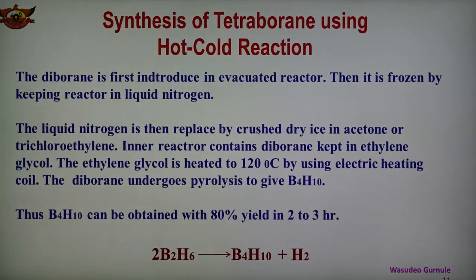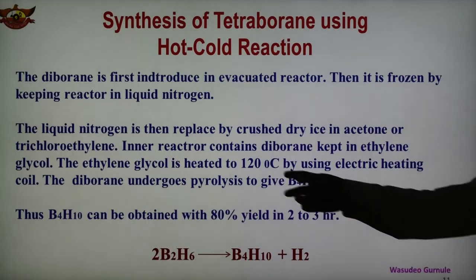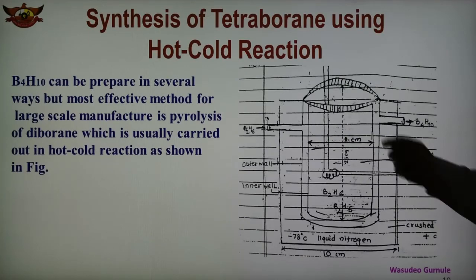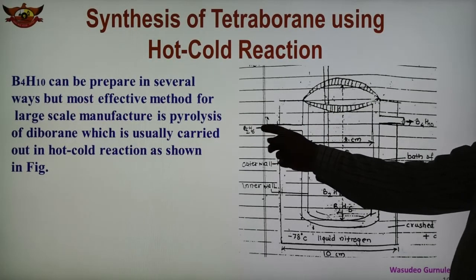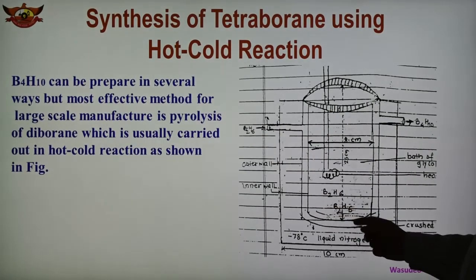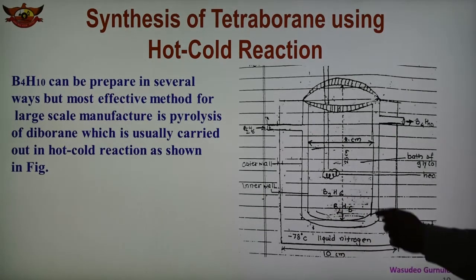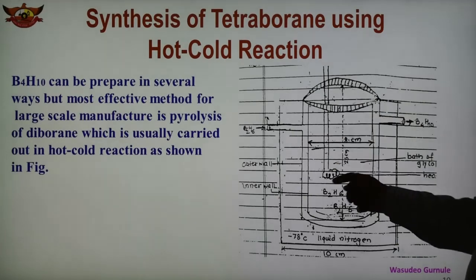It is kept in ethylene glycol, and this ethylene glycol we have to heat at 120 degrees Celsius by using an electric heating coil, and the diborane undergoes pyrolysis to give B4H10. So in this method, the diborane comes inside. Here is first the liquid nitrogen, then it is replaced by crushed ice, and the heating coil is here.